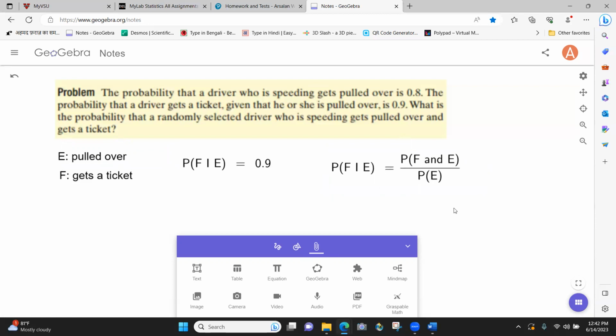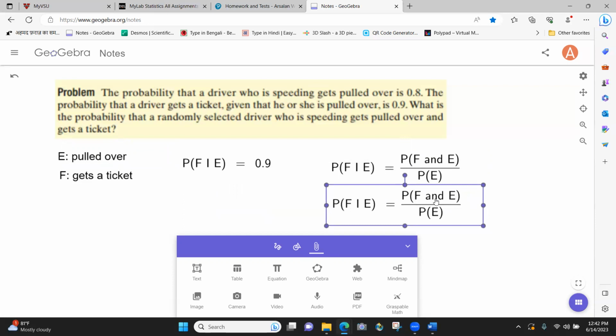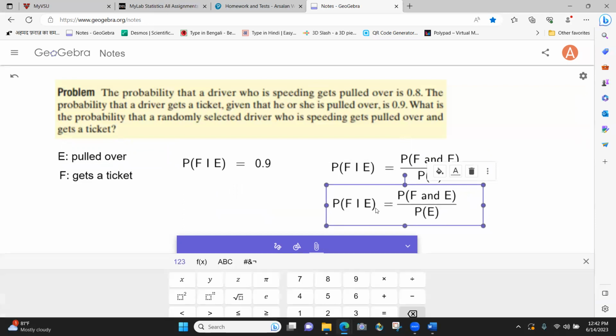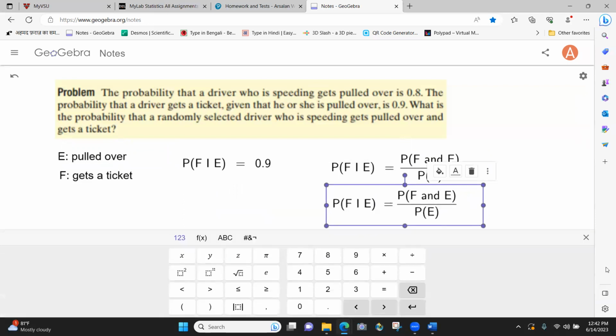I know two of the items. I know the probability of F given E is 0.9, and the probability of E, being pulled over given you're speeding, is 0.8.